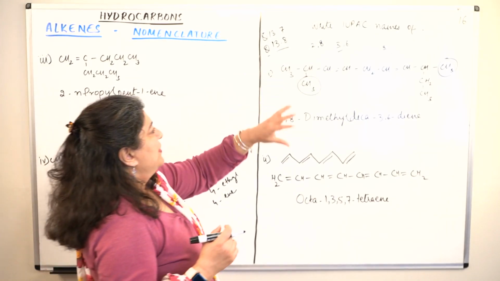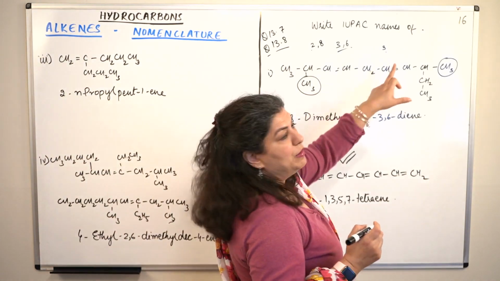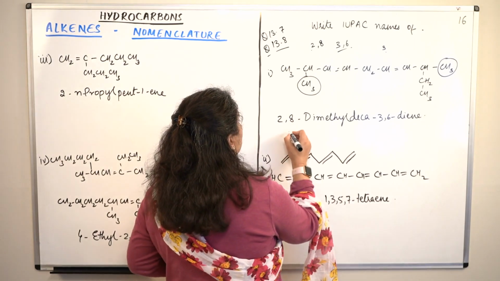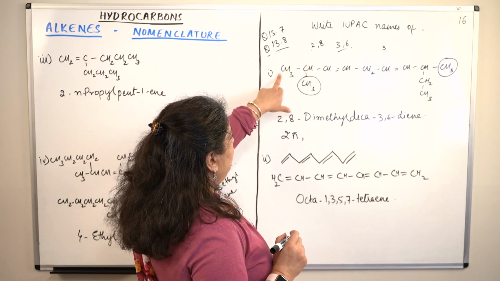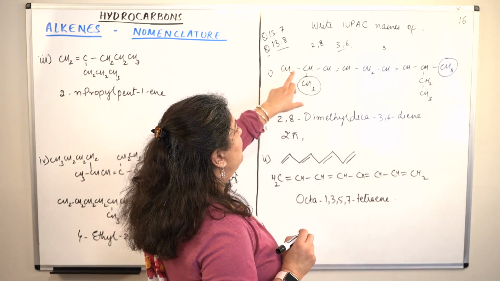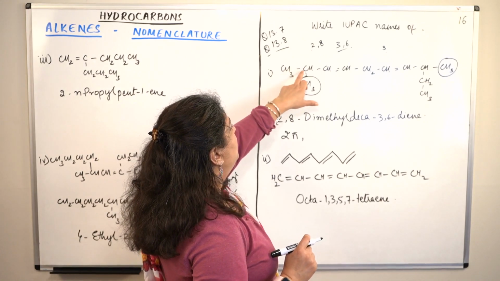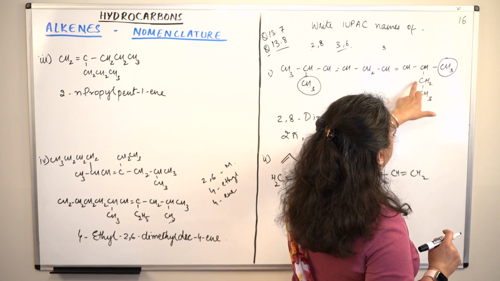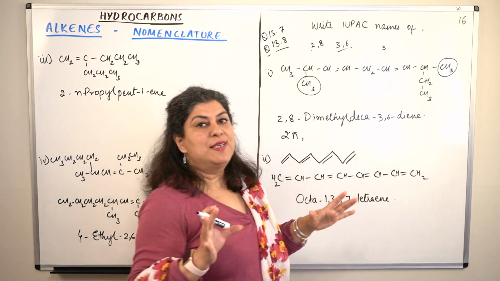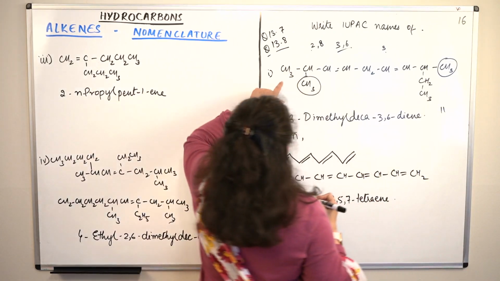So let us start with the first one. How many pi bonds does this have? This has 2 double bonds, so it has 2 pi bonds. And how many sigma bonds? All the bonds between carbons are sigma bonds, so there are 11 sigma bonds between carbons.